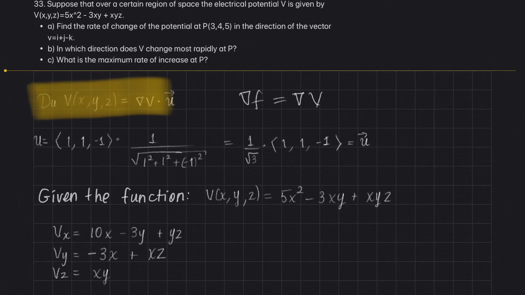And this unit vector is given by v equals i plus j and negative k, which we got right here, in just a different notation. And so to come up with the unit vector, basically we want to divide by the magnitude of the vector.